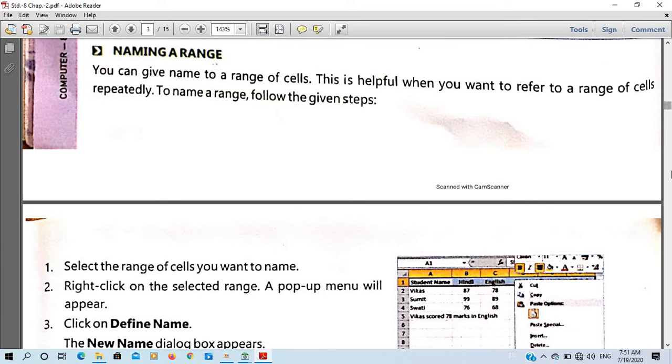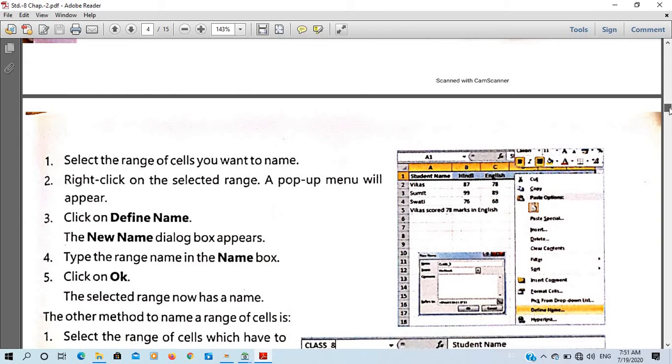How? Steps are given. First of all, we have to select the group of cells, or range of cells, we want to name. Then we right click on the selected range, and a pop-up menu will appear. Then click on define name, and the name dialog box appears.